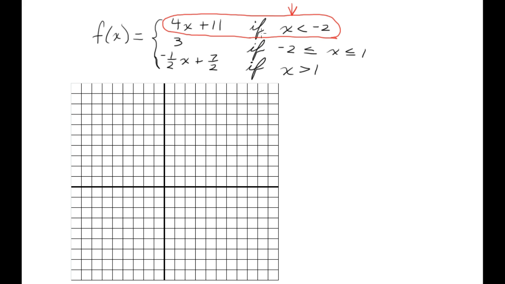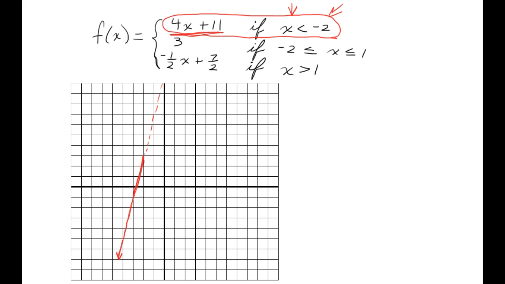So let's graph first this 4x plus 11. Okay, so what we have is this graph in red. Notice that I have a dashed line here, and that is because when x is less than -2 is the only time that this piece of the function is used.